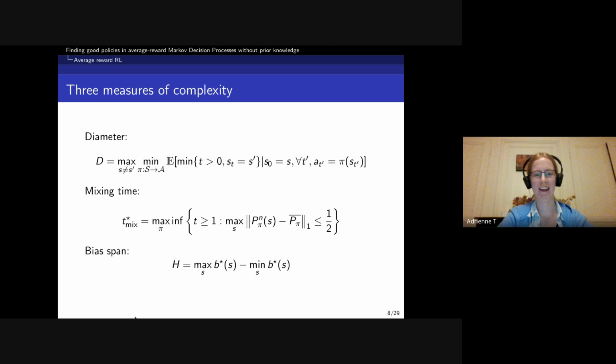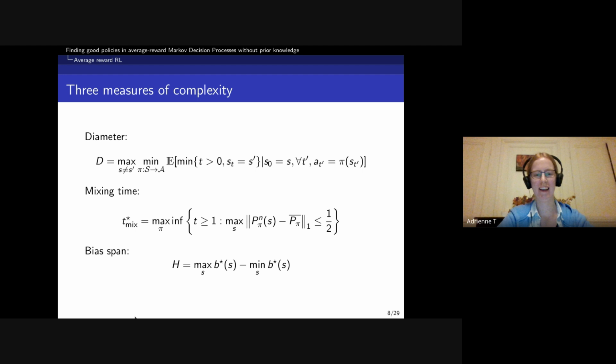However, if, for example, in each state, you can take one specific action that leads you to any other state, then you might have a diameter of just 1. And this MDP is indeed easier to learn because you could always just go anywhere and instantly go where the high rewards are. And so that's why the diameter is heuristically a good measure of complexity.